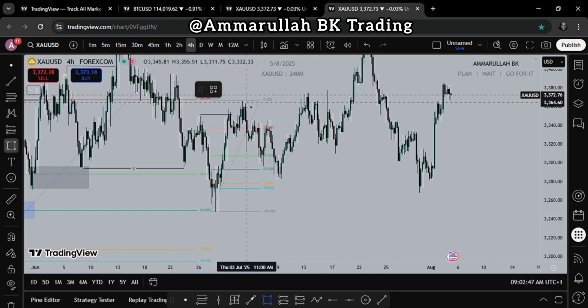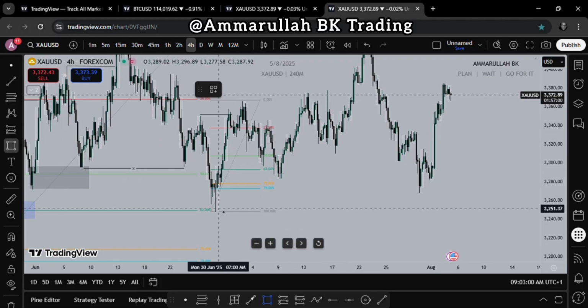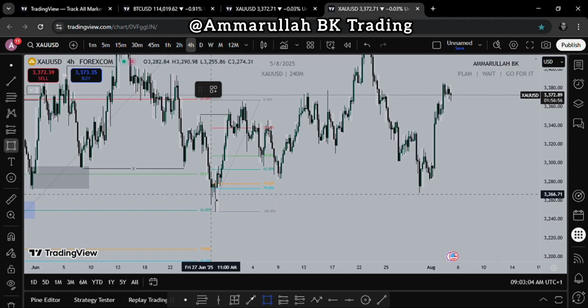Now we have this fair value gap, which the market sold down to and reacted to, right? And we still have this fair value gap, an order block. An order block is the last candle before a strong move.